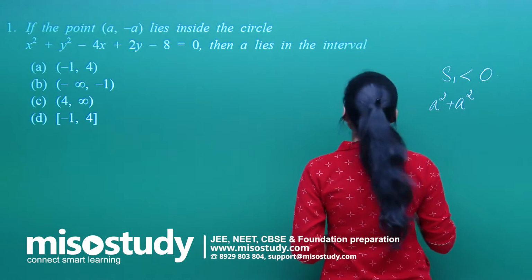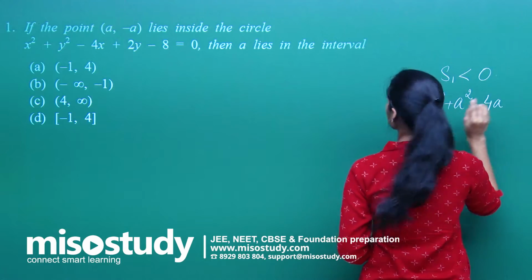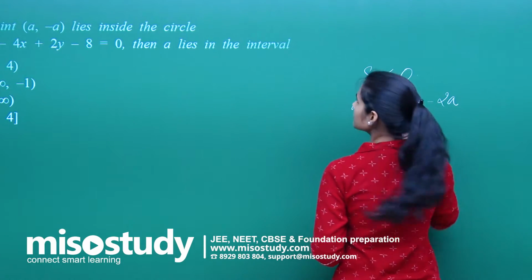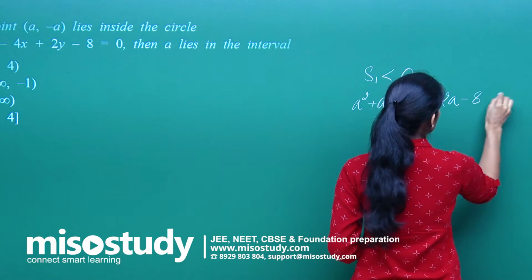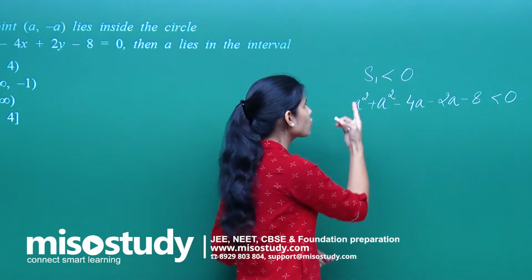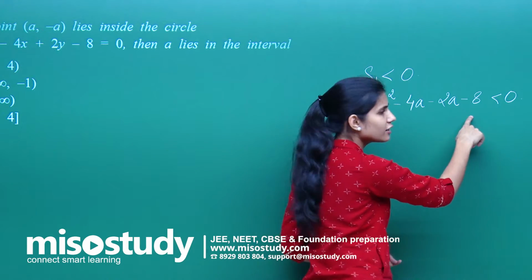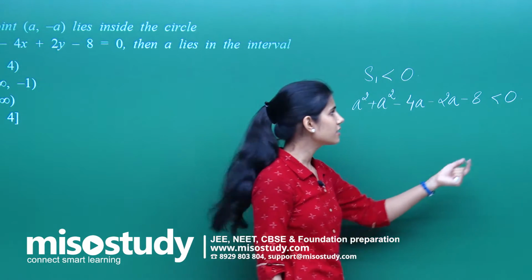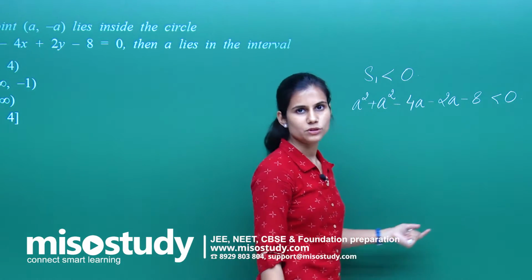minus 4 into a plus 2 into minus a minus 8 is less than 0. Because the point is lying inside the circle, its coordinates are not going to satisfy the equation of the circle, but when you plug in the coordinates of the point in the equation of the circle, you get less than 0 and not equal to 0.